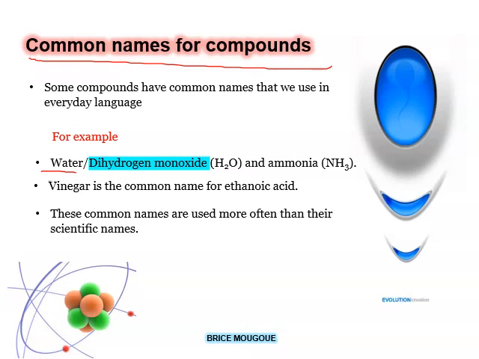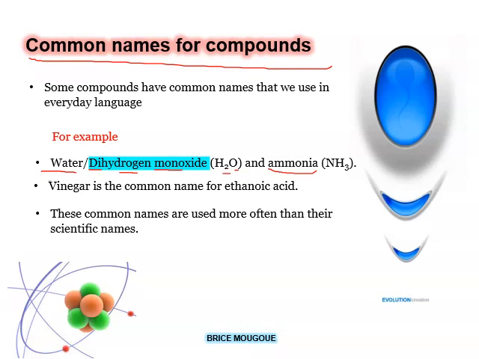Otherwise, the scientific name of water would be di for 2, dihydrogen, for 2 atoms of hydrogen, monoxide, mono for 1 atom of oxygen, dihydrogen monoxide. Same applies with ammonia. With just that name, we can't have a clue about the elements that are found in that compound. So ammonia is a name that is commonly used in everyday language.